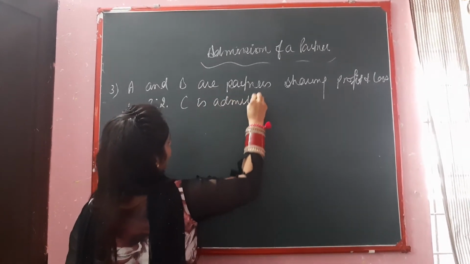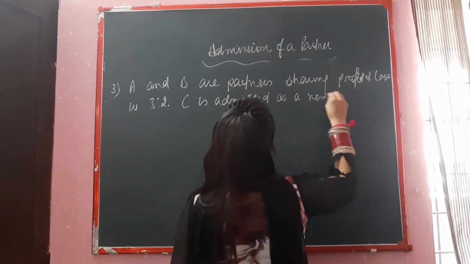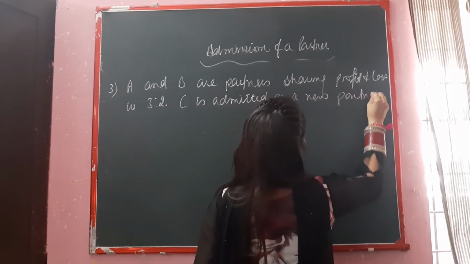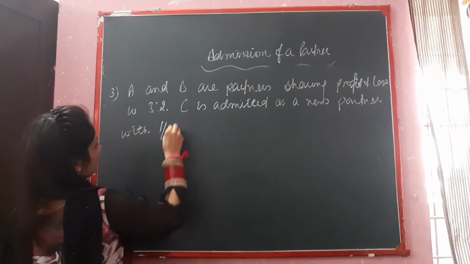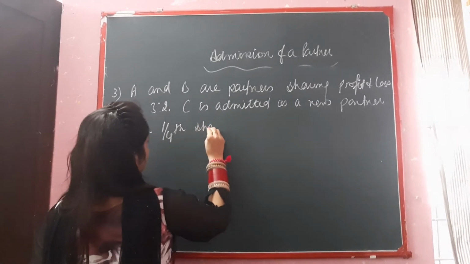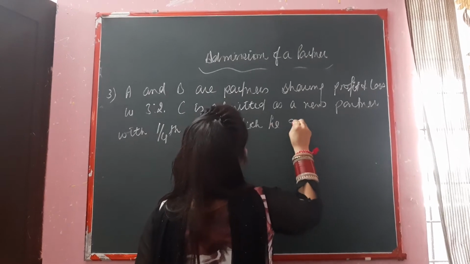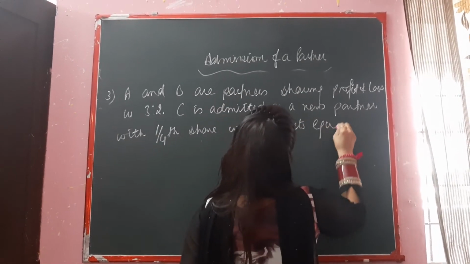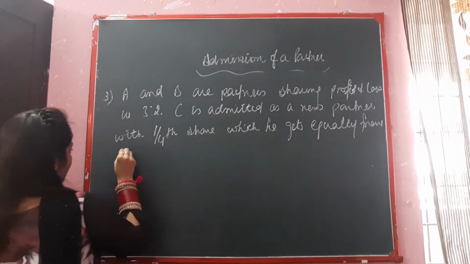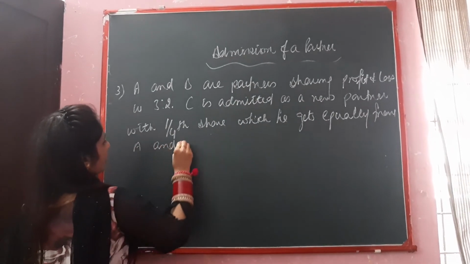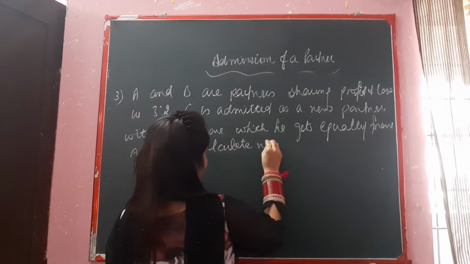C is admitted as a new partner with 1/4 share, which he gets equally from A and B. Now again we have to calculate the new ratio.